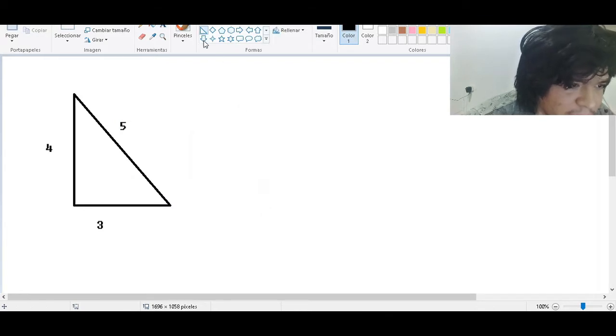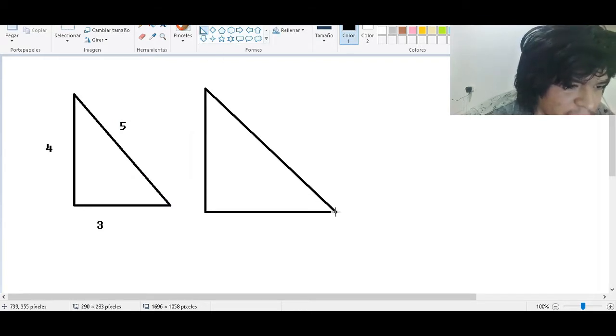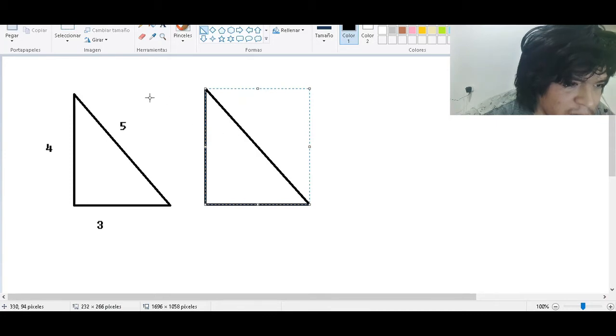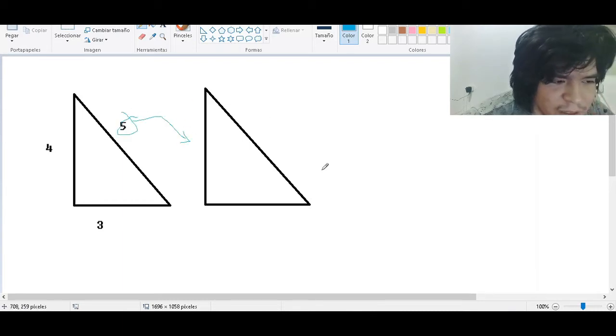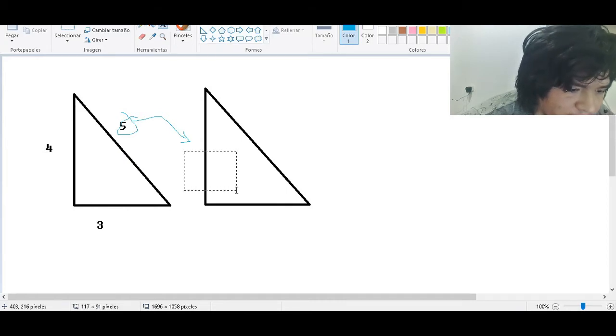Then it says that in the next iteration, the hypotenuse of the previous triangle, which is this one, should be the second longest side. The longest side is the hypotenuse, right? So the second longest side should be the hypotenuse of the previous triangle. So here should be 5.